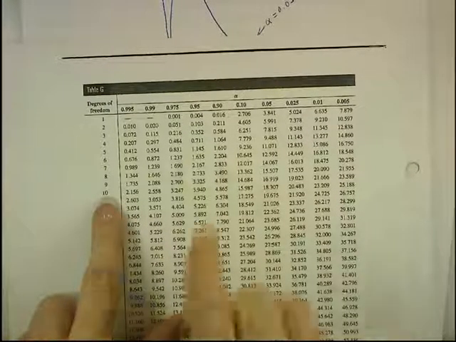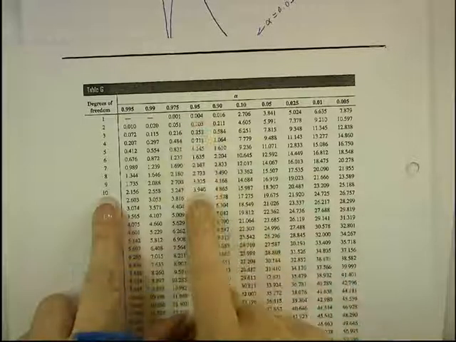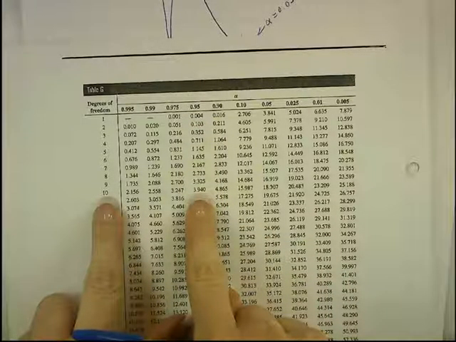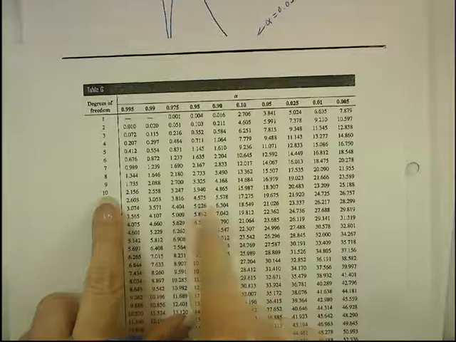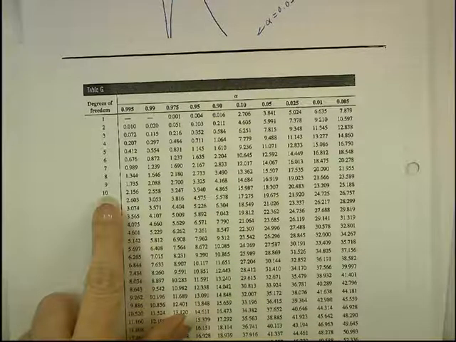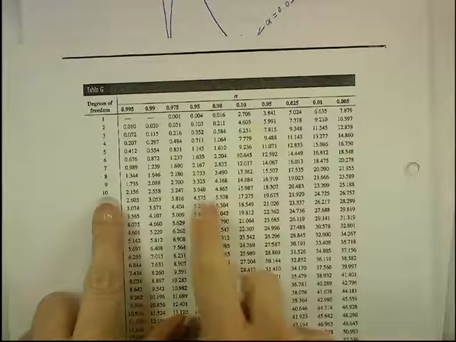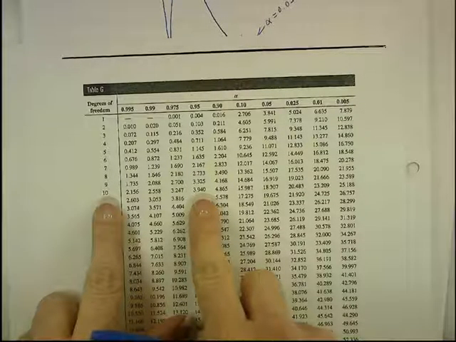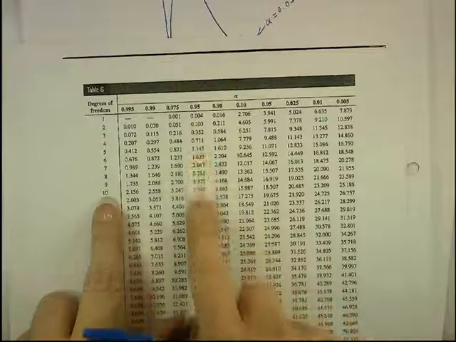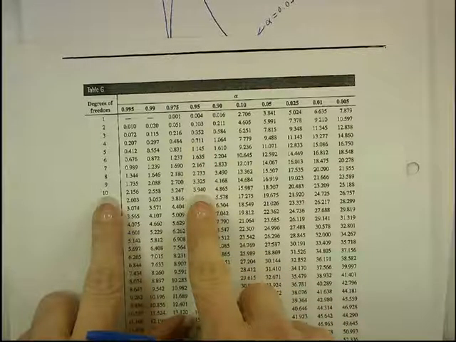Row 10, column 95%. 3.940 is going to be your critical value, and it remains positive. 95% is above that chi-square value there. 3.940.